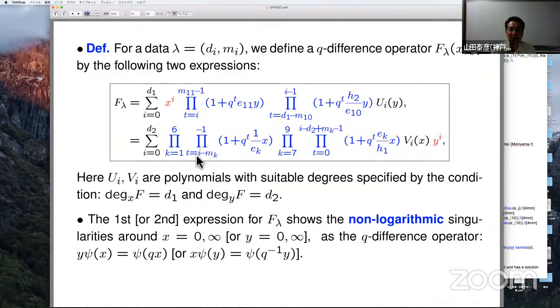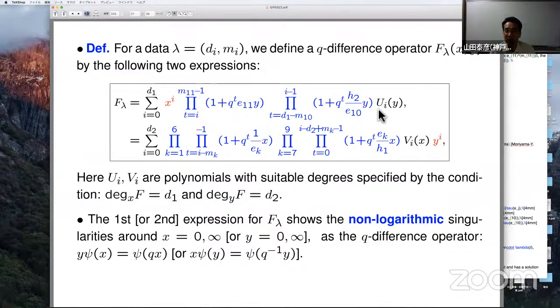And when collecting the terms in variable y, the coefficient also has this factorized property. And these two conditions determine all remaining coefficients uniquely up to constant normalization.